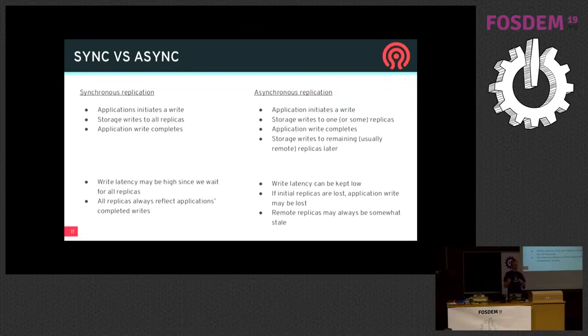And in the async case, your application might write, and then another cluster might have an asynchronous copy. If you have a failure of the first cluster and you have to pick up where you left off, you might have stale data. And so whether you're doing synchronous or asynchronous replication depends on the needs of your application, latency, and so on.